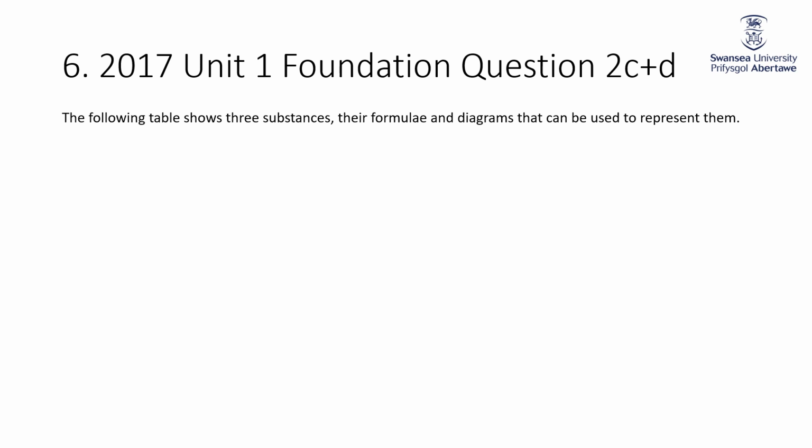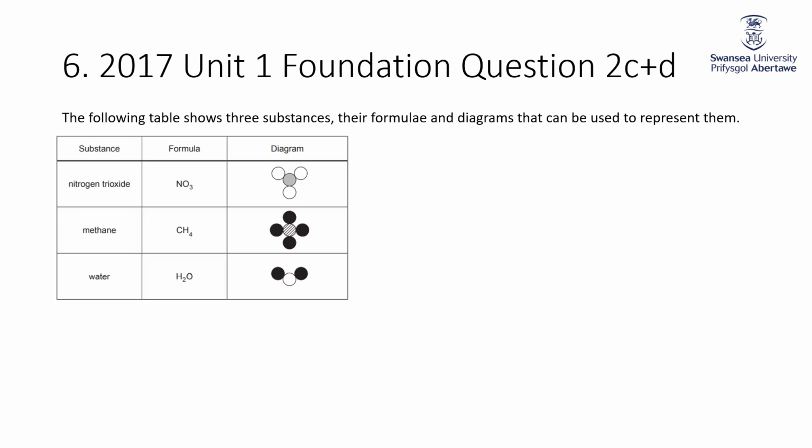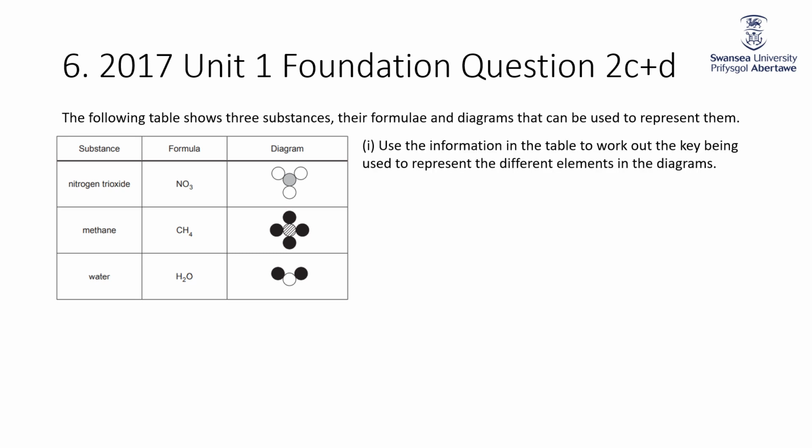Question 6 then. The table shows 3 substances, their formulae and diagrams that can be used to represent them. Use the information in the table to work out the key being used to represent the different elements in the diagrams. So I'm immediately going to throw the answer up, but what you should notice is that both water and nitrogen trioxide contain this white atom, and they both share oxygens.